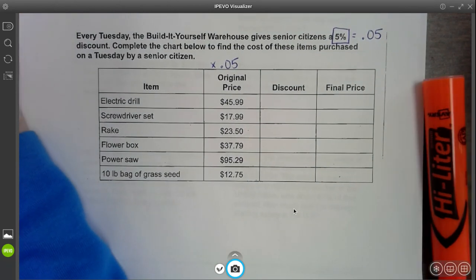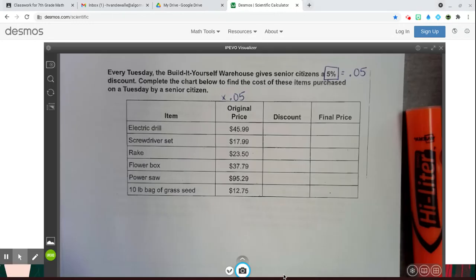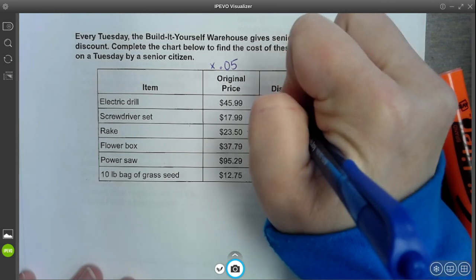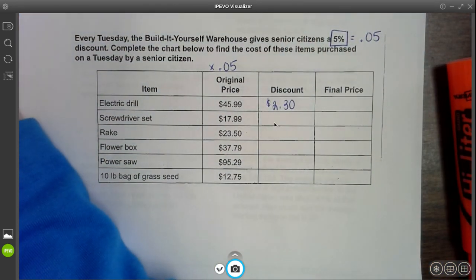So 0.05 times 45.99 is going to be $2.29, but it'll round up to $2.30. Okay, let's just go and figure out the discount amount for all of these.